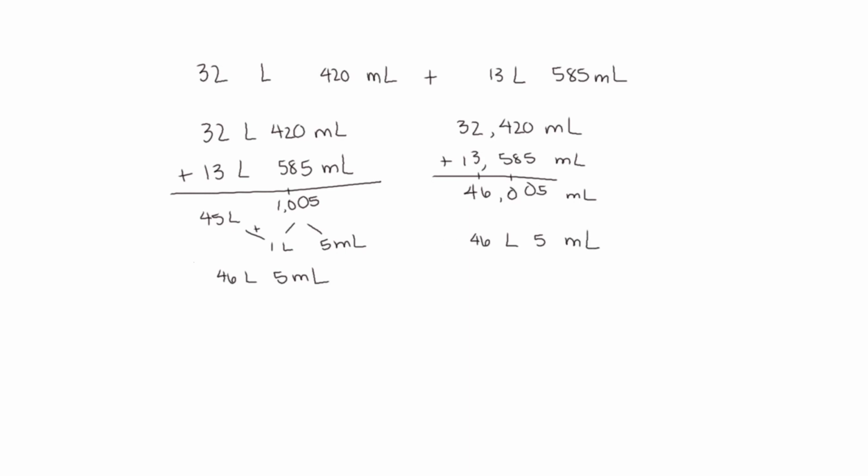We could also look at a simplification method for this one. So we could start by adding together the 2 liter measurements and get 45 liters. Then we could take the first milliliter measurement and decompose it into 405 milliliters and 15 milliliters.